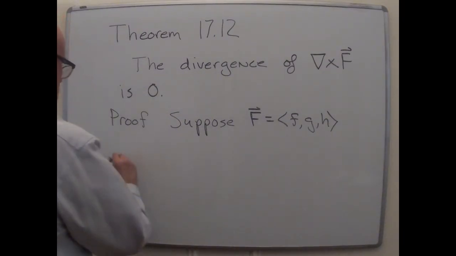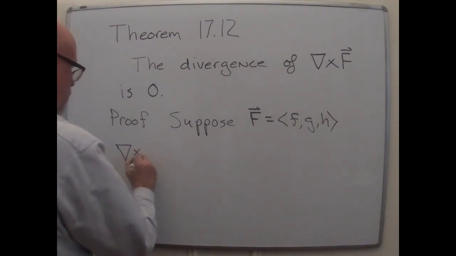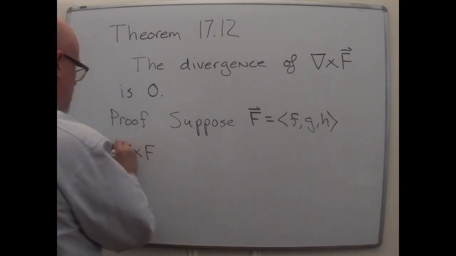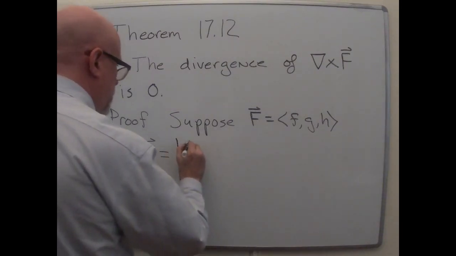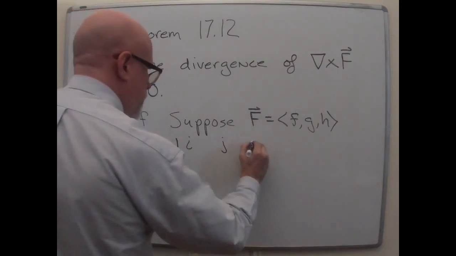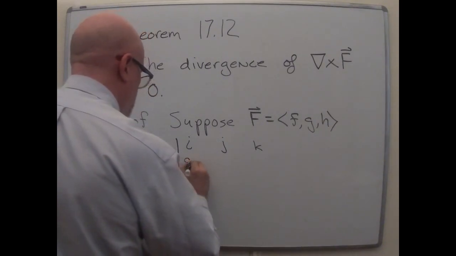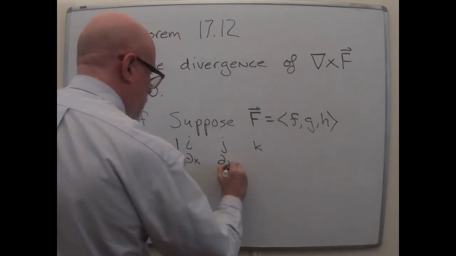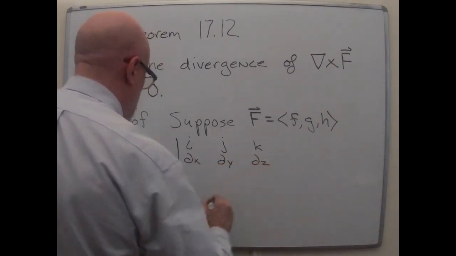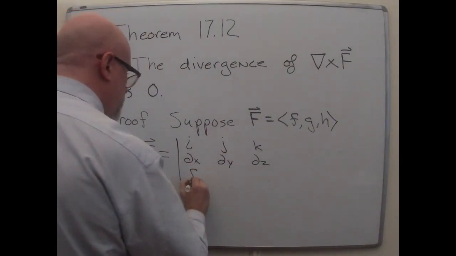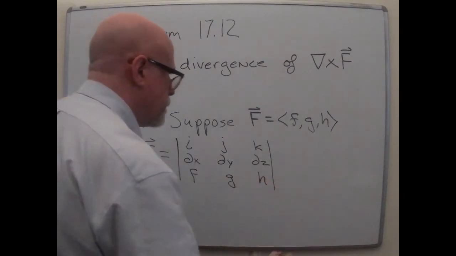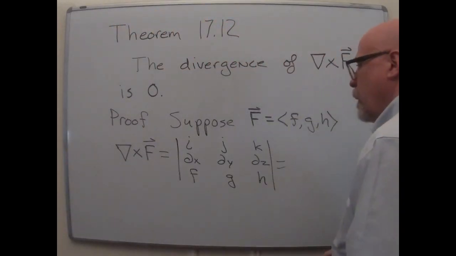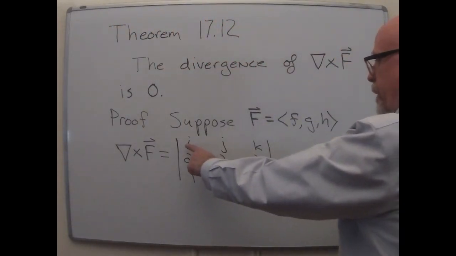Then the curl of that, del crossed with F, is, let's just write it into the determinant version of things right away. We'll need the partial with respect to x, y, and z as the second row, and F's component functions F, G, and H as the third row. And so what do we get out of this?